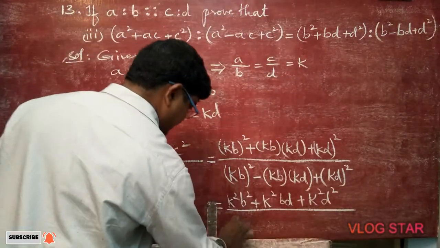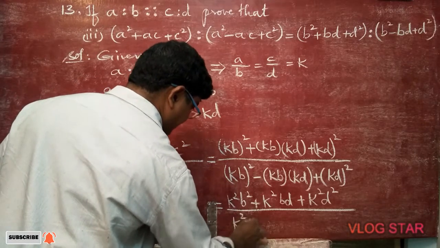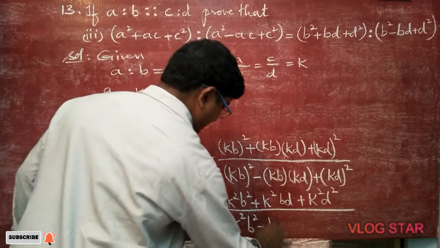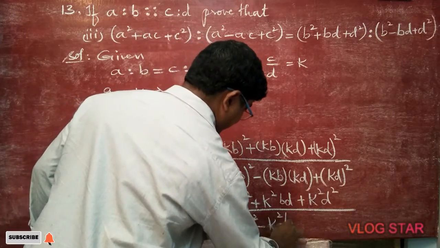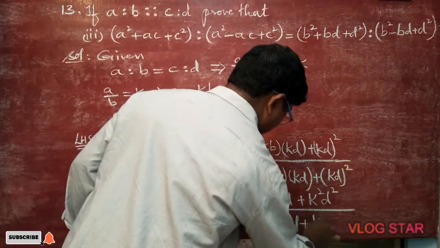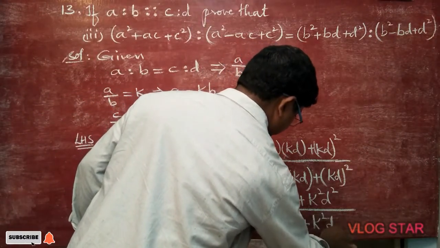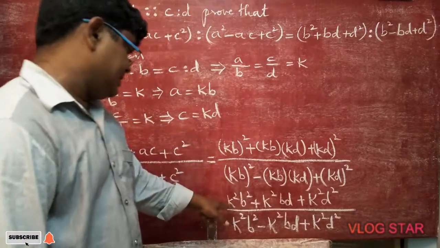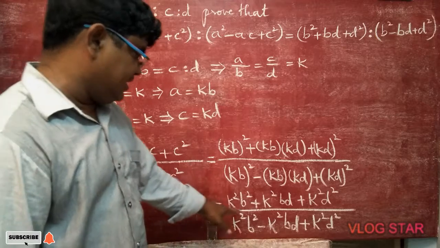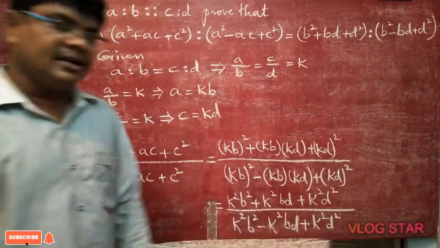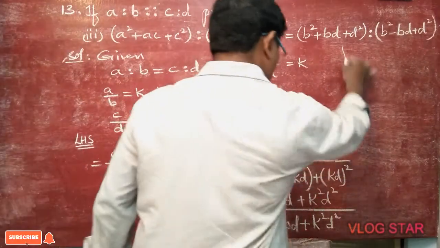Next here also K square B square minus K square BD plus K square D square. In numerator, take K square common because in each term K square is there. Denominator also K square is there. Take K square common.